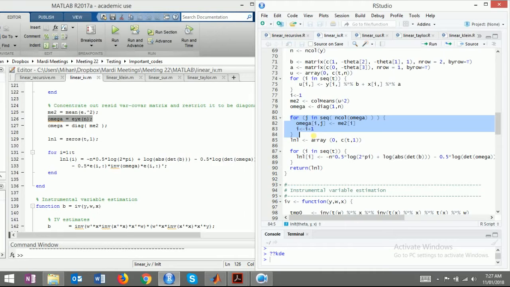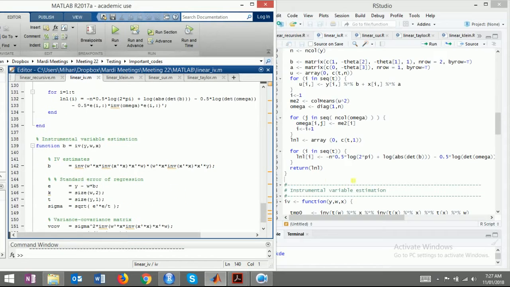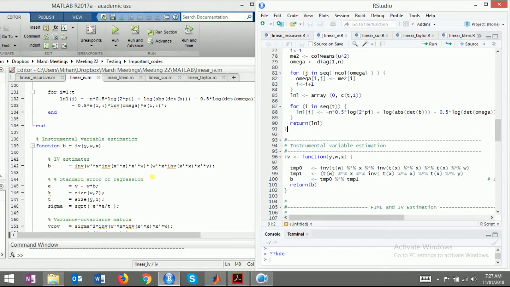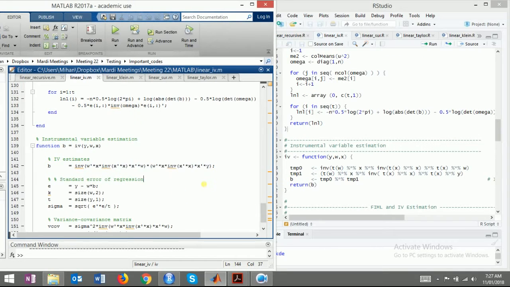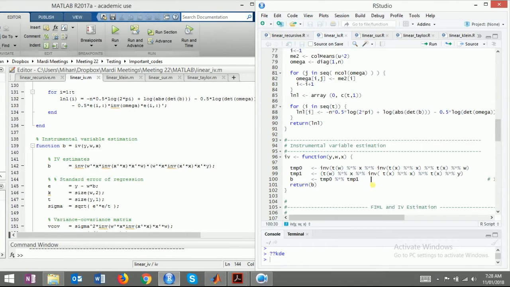Okay, fine. Then instrumental variable estimation, instrumental variable equation. We are already familiar with this. Starts from w prime x inverse of and then ends in y. And because it's quite big here, we need to break it down for R. MATLAB is in a lot of sense, as you can see, much easier.